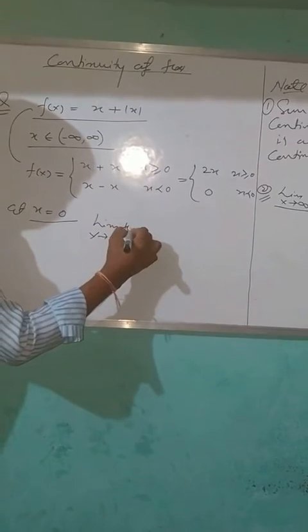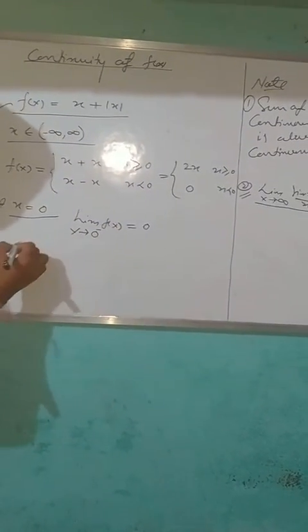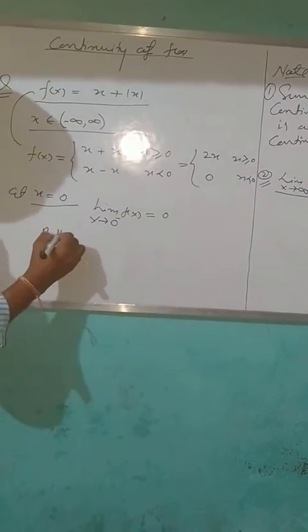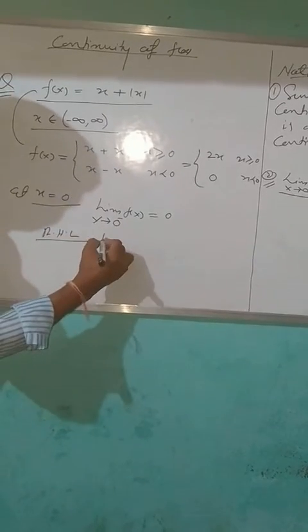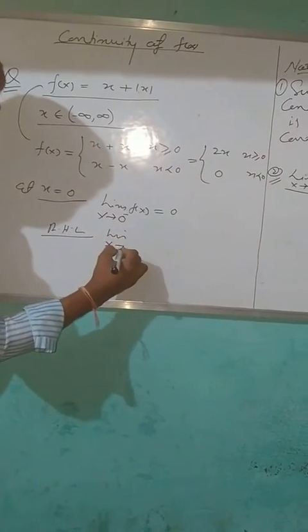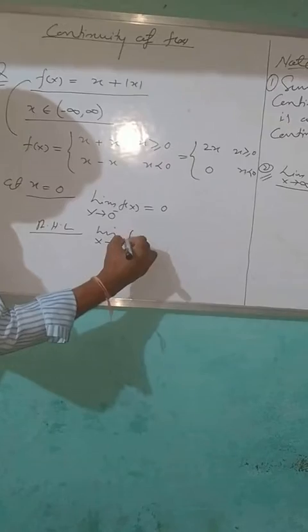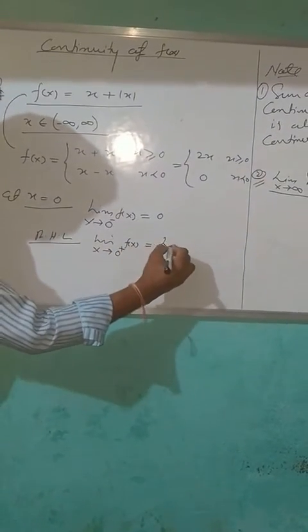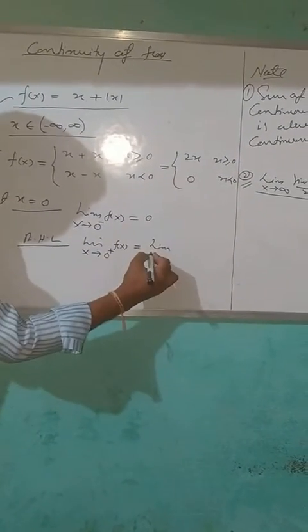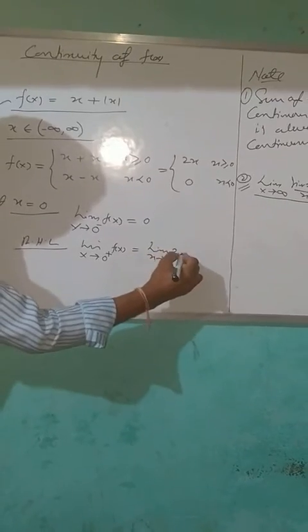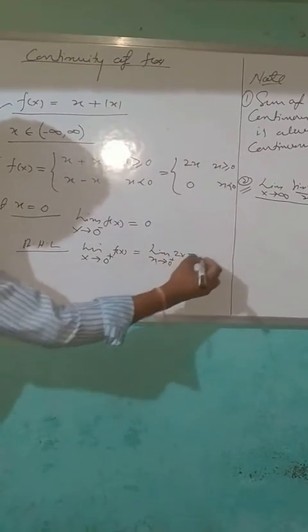It means the limit is 0. Similarly, the right hand limit is the limit as x tends to 0 positive of 2x, which is equal to 0.